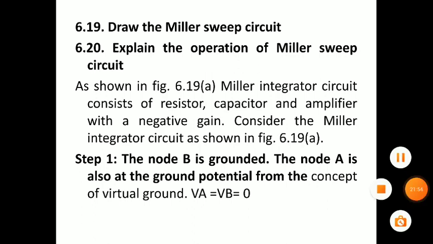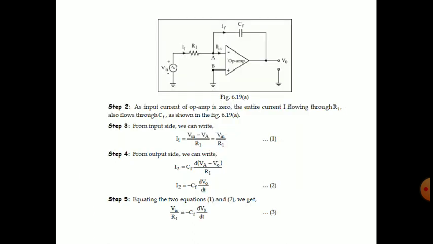The operation of the Miller sweep circuit. Figure shows the Miller integrator circuit. In this circuit, actually, it will act as an integrator circuit. Op amp means operational amplifier. The name comes from the ability of this op amp that it can perform mathematical operations: addition of two signals, subtraction of two signals, and even multiplication.